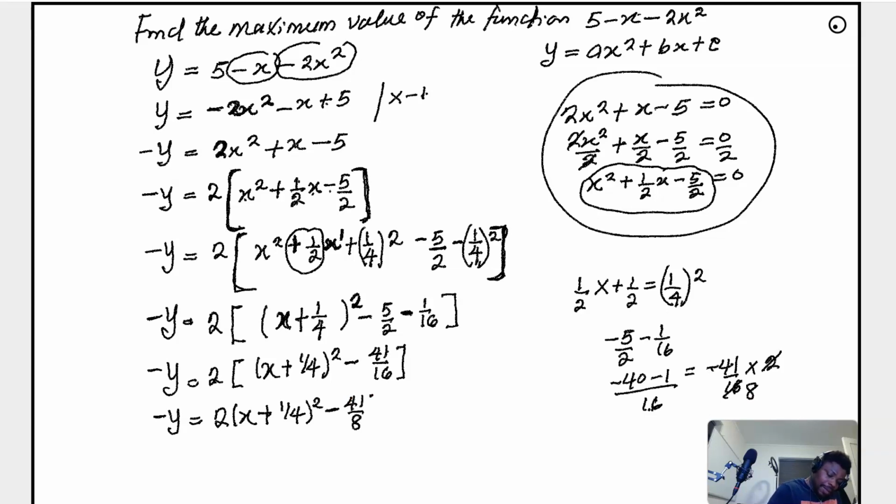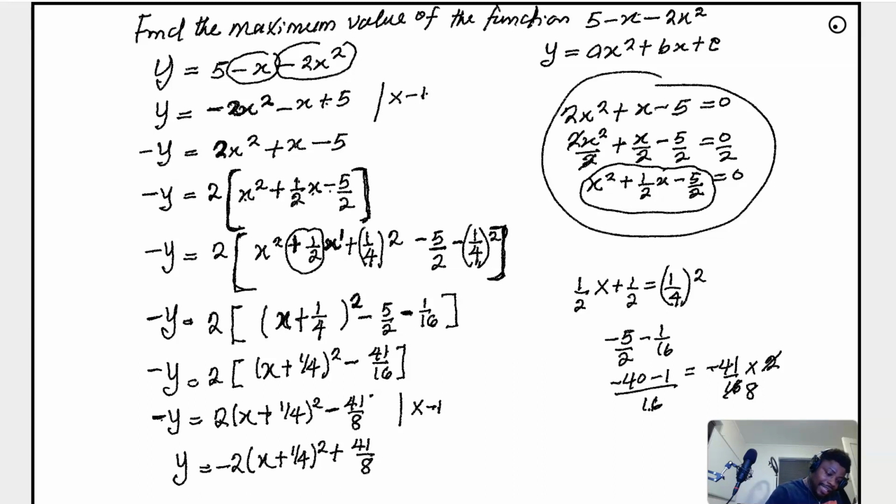Okay, remember that there is a negative here, so you can multiply through by minus 1 because you don't want to have a negative here. So minus 1 times minus y, that is y. Minus 1 times 2, that is minus 2, bracket x plus 1/4 squared. Then minus 1 times minus 41/8, that is plus 41/8.